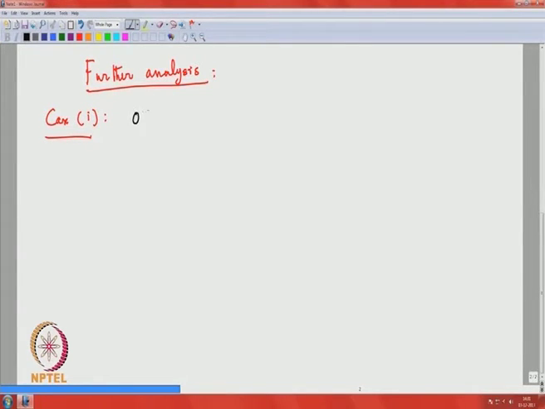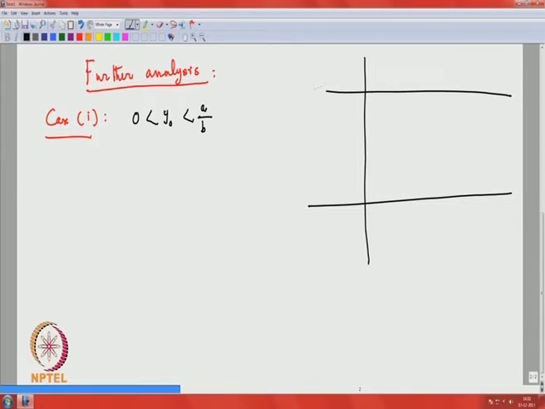So, 0 less than y naught less than a by b. The situation is something like this. You have your a by b curve, and at t naught you are starting the solution here. This is your y naught.